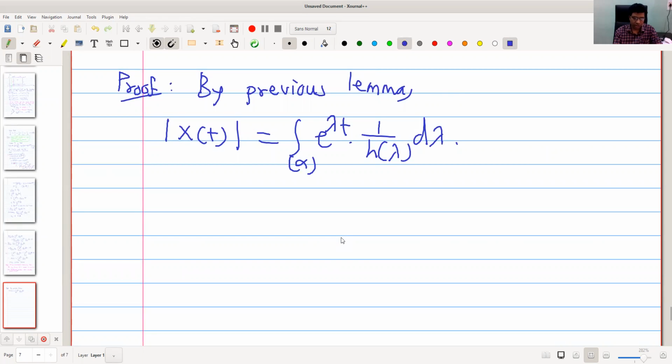Now we consider t naught as in the previous lemma. Suppose t naught is chosen as in the previous lemma.